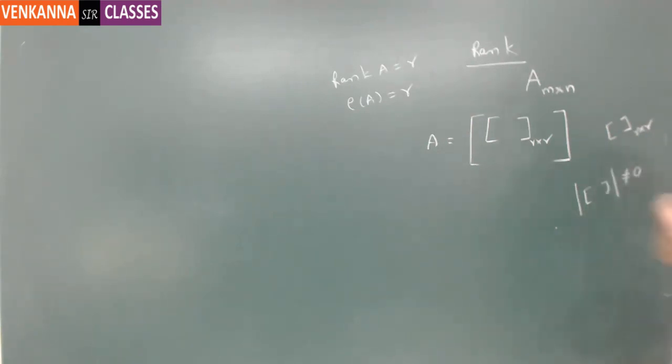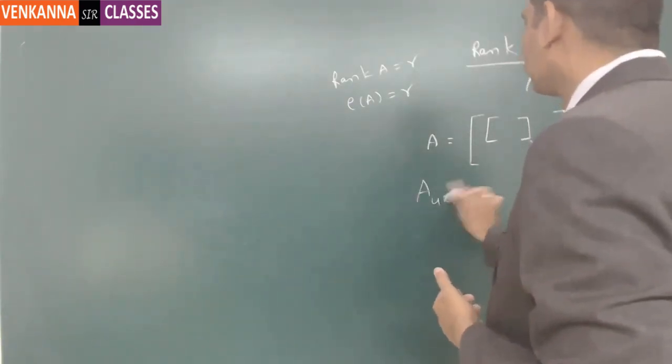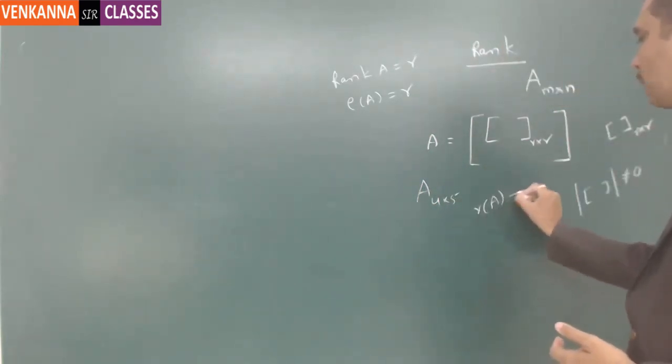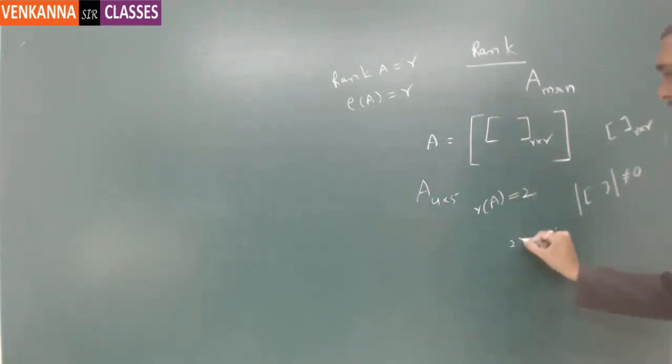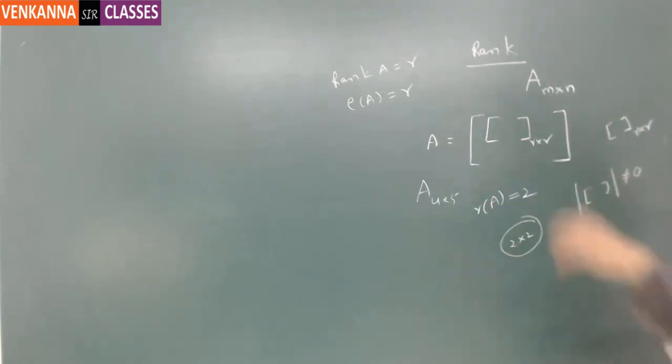If you take a square submatrix of order bigger than this, then its determinant will be 0. So if I say that A is a matrix of order 4 by 5, and I have mentioned that rank of A is equal to 2, it means that if I take any 2 by 2 submatrix in A, any 2 by 2 portion in A, its determinant is not equal to 0.